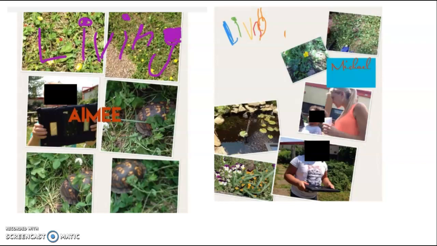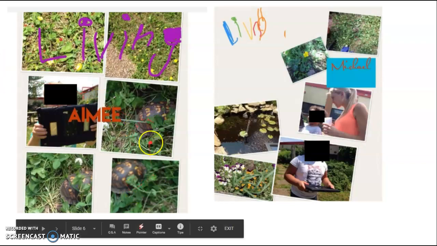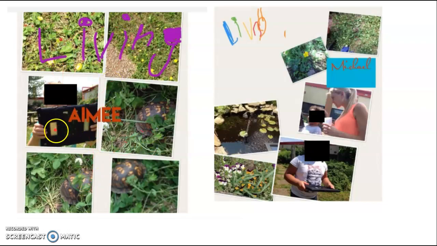So here are some examples of what students have done on Seesaw. They were able to go outside and find different things in their world of living things and non-living things. So they found turtles actually outside, and they found plants, and you could see the student holding the iPad and able to take the picture.